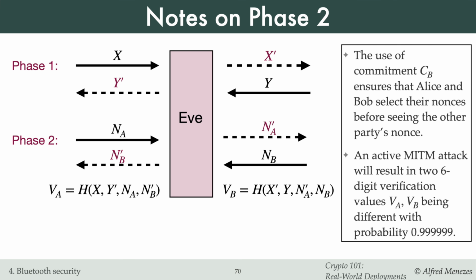The probability that VA equals VB by chance is only 1 in a million. Therefore, if Eve alters any of X, Y, NA, or NB, then with probability very close to 1, the verification values will be different, and so the owner will reject the pairing, causing the attack to fail.